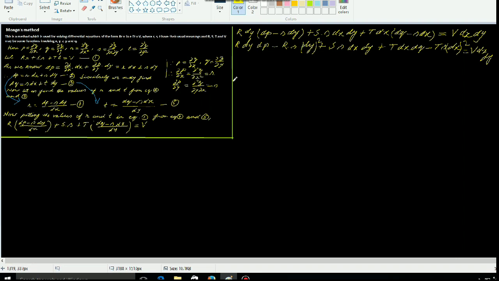Now transposing all the terms having small s on one side of equality and keeping the rest of the terms on the other side, we get R dy dp plus T dx dq minus V dx dy is equal to R s dy square minus S s dx dy plus T s dx square.